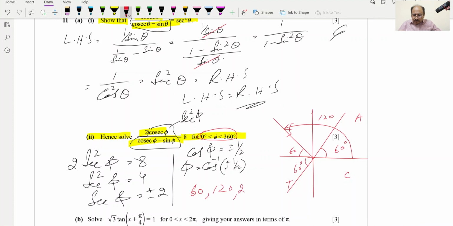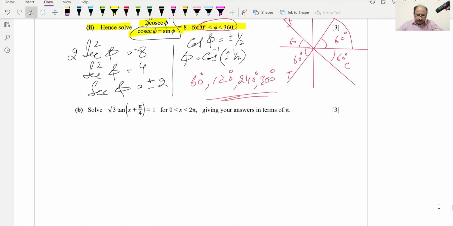The fourth angle will be 360 minus 60, so it will be 300. So these will be the angles which we have to find.